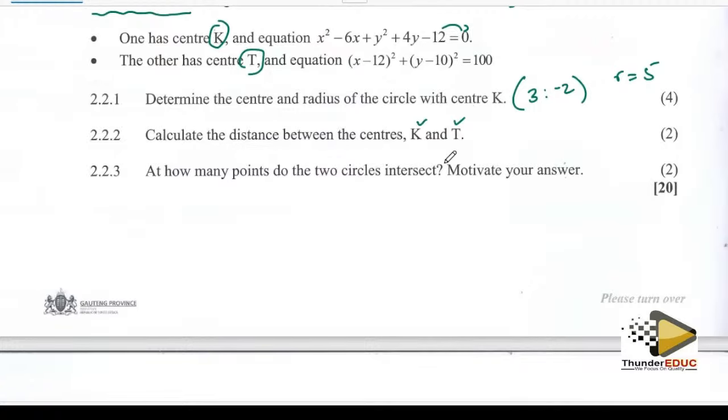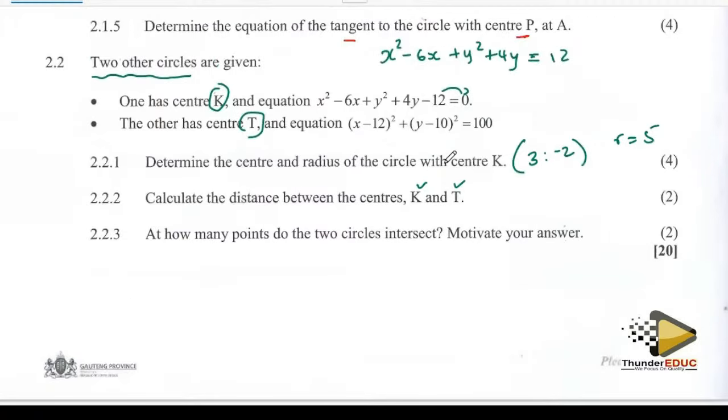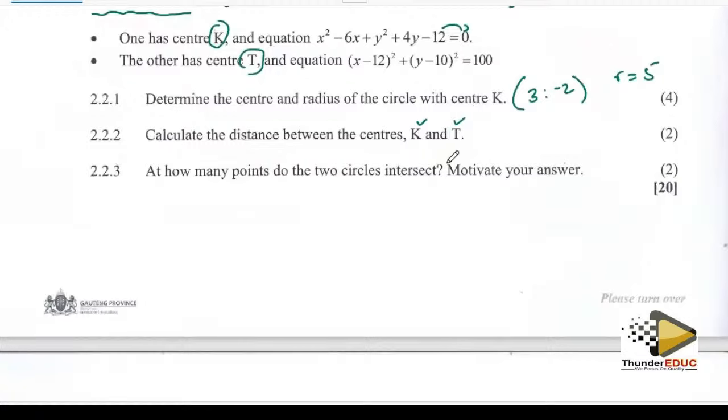Are these circles touching each other? No, we don't know for sure. So we know that the coordinates of T are 12 and 10. And we know that the radius of the circle T is going to be 10 units.